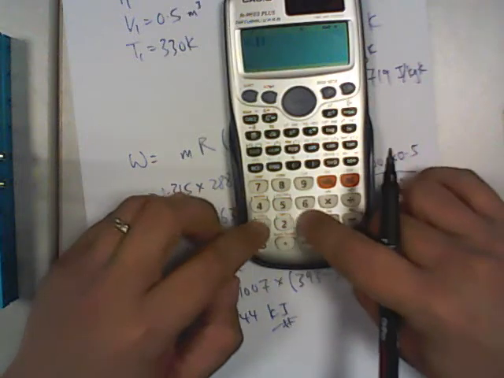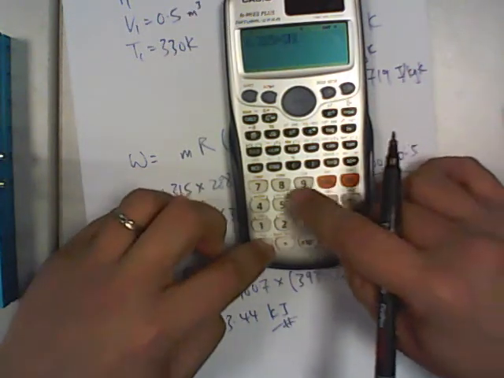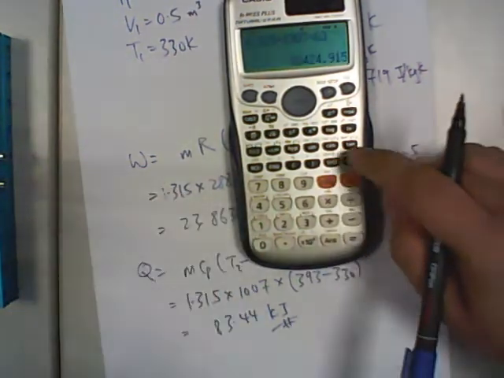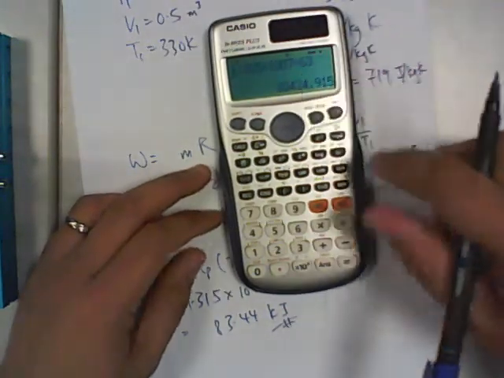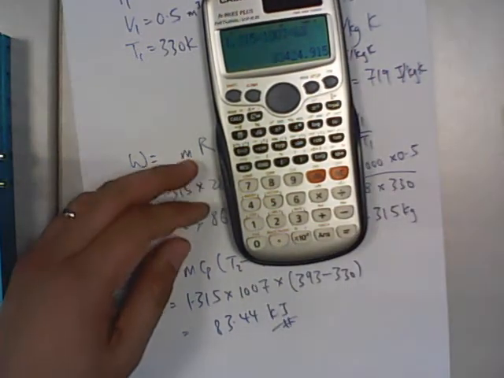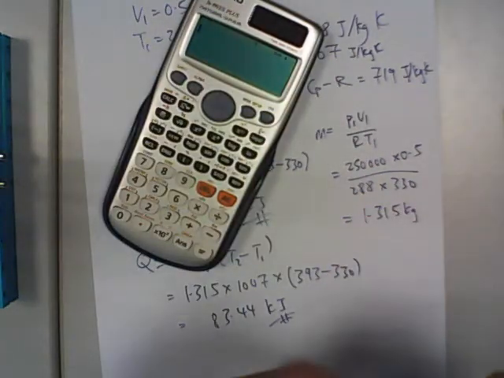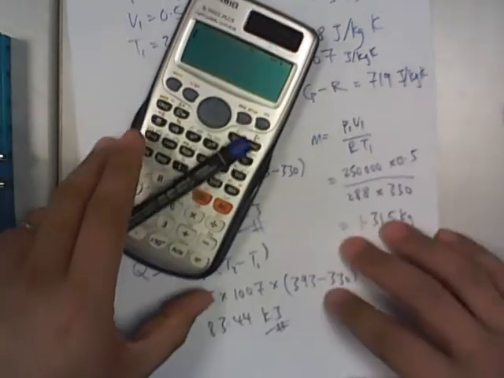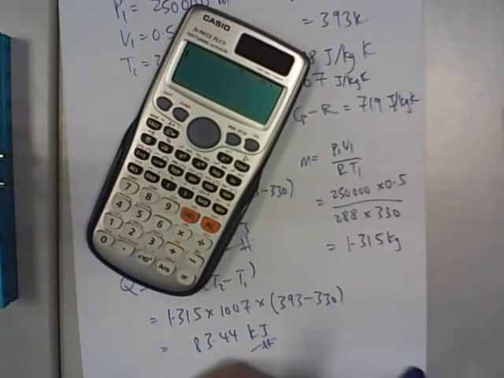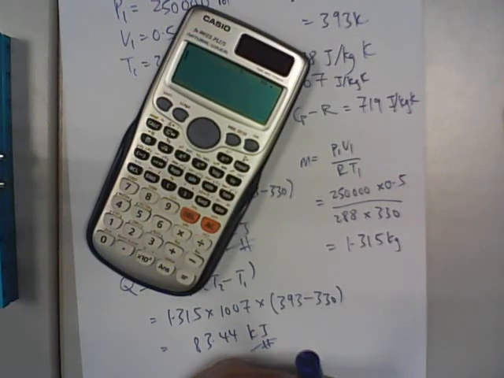Alright, let me just multiply here. Okay, you'll get 83424, which becomes about 83.4 kilojoules. Okay, so this is how you approach a typical problem, and we'll go to the next process after this video.